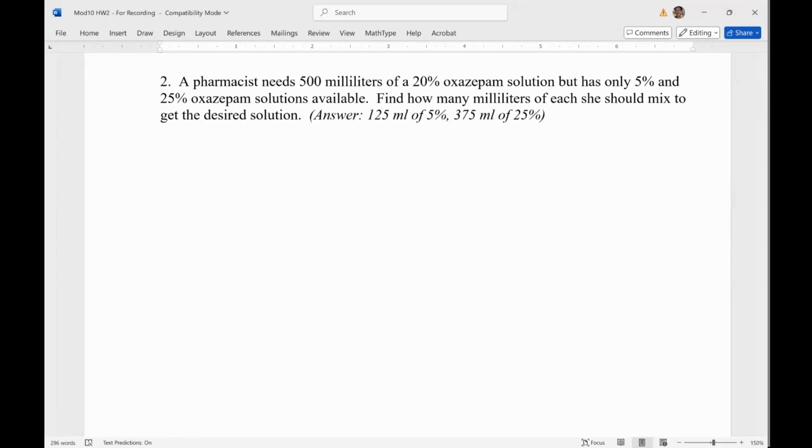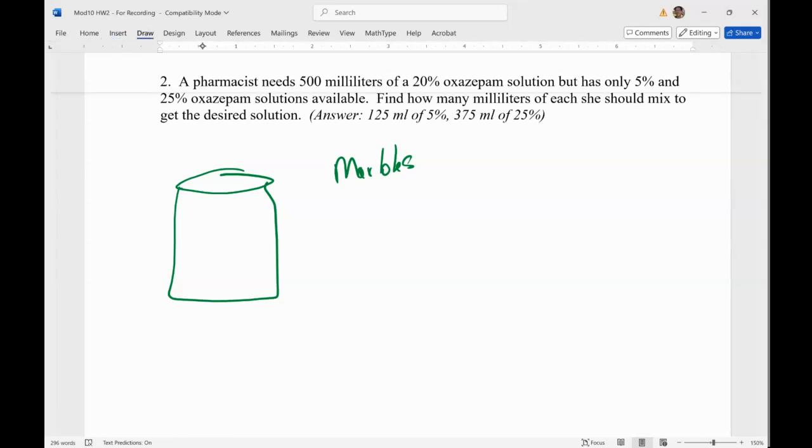So imagine that you have a container, and inside the container you have some marbles. And suppose that some of them are blue, and suppose that the rest of them are red. Now, this is not a perfect picture of it, but some are blue and some are red.